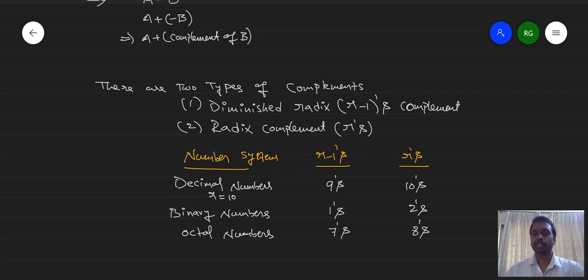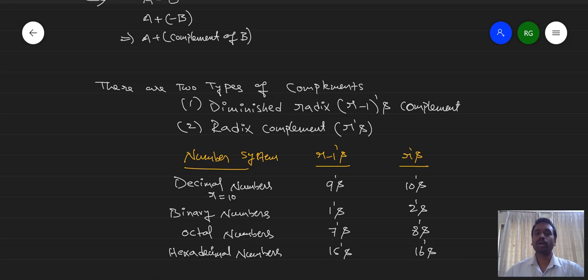For the hexadecimal number system, it is the 15's complement and the 16's complement. Likewise, for every number system, we define two different types of complements: the r minus 1's complement and the r's complement. If the number system changes, the r value also changes.